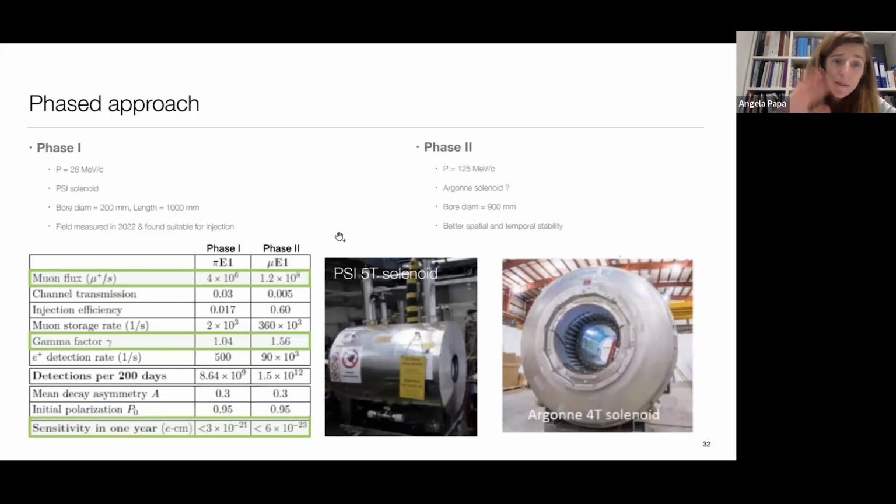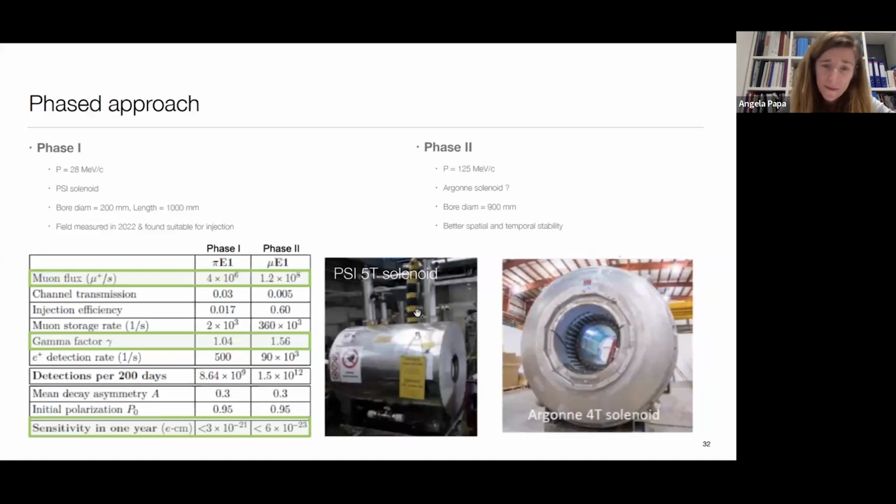Here are some numbers associated with the number of muons that we can expect, depending on where we are at PSI in the different areas, and combining with a certain number of days of data taking, the final sensitivity that we mentioned, with in principle two magnets available.